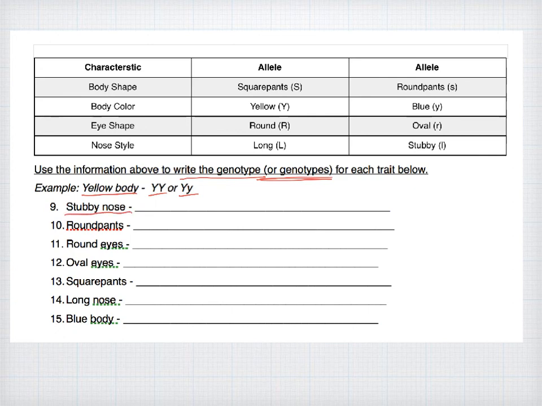Stubby nose, we look at the nose style. Stubby is recessive. So the only way a recessive phenotype will get expressed is if it is homozygous recessive, or little l, little l. Continue with 10 through 15 on the paper you numbered 1 through 25. Be careful with your answers, and move on to the next slide.